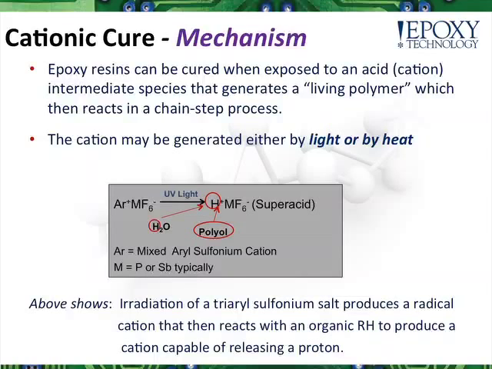You can see a cure mechanism here, or at least the mechanism for how the photoinitiator is activated. In this mechanism, a UV light comes in and dissociates the photoinitiator to create a strong acid. That acid is the cation and is an intermediate species that's going to generate a living polymer within the epoxy resin.